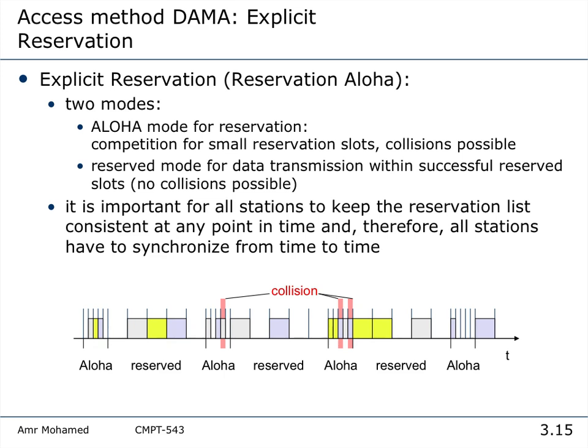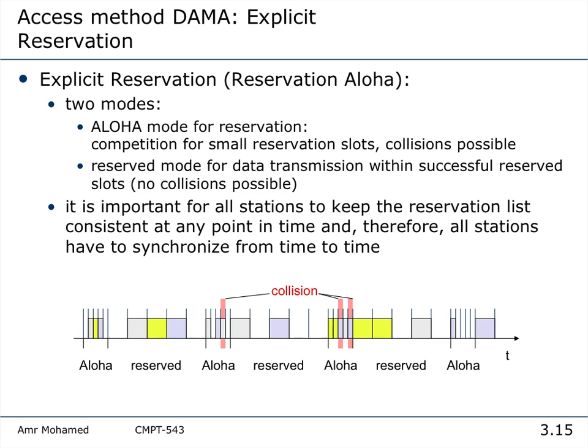So in this reservation phase, n nodes will contend on these few mini slots, which means I might have collision. But the collision here is low probability. Why? Because here we're talking about mini frames, not full frames. So the probability of overlap between them is low. These mini frames contain information about the size of data that each node wants to send.